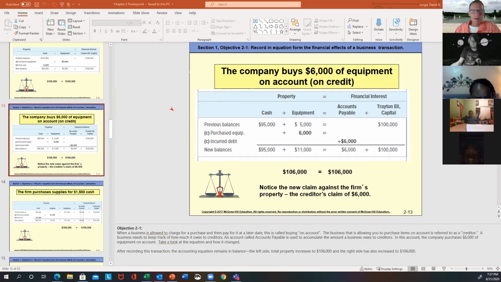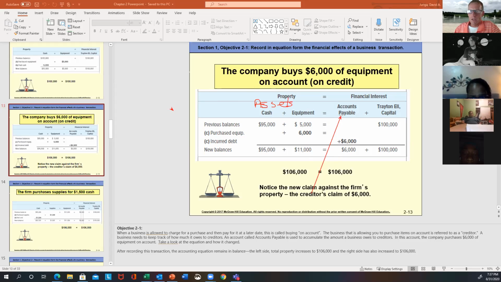Again, let me just remind you, these are your assets. But look at what they did. They increased equipment by 6,000, and they increased this thing called accounts payable by 6,000. Accounts payable is going to be your most common liability you're going to see this whole semester.